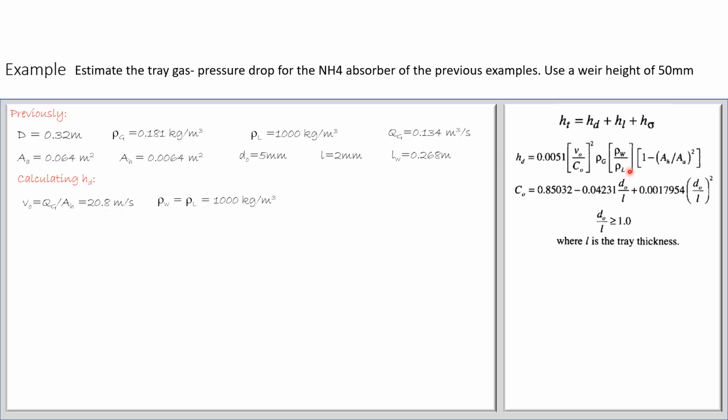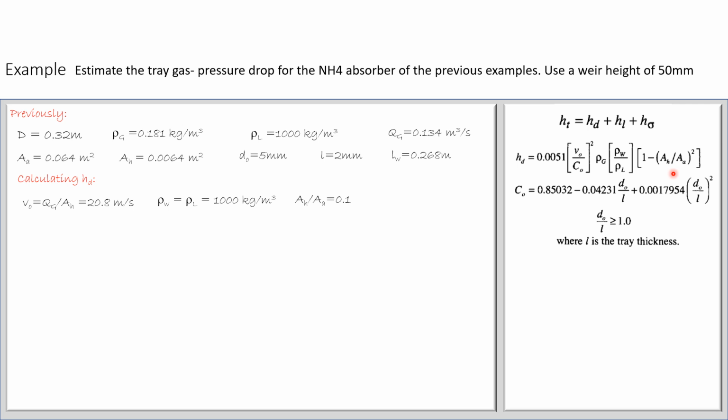In this example, the solvent itself is water, and we are assuming that the amount of ammonia in water is very small, so it will not change the value of the density of the solvent. So the density of water will be equal to the density of the solvent itself, 1000 kilogram per meter cubed.